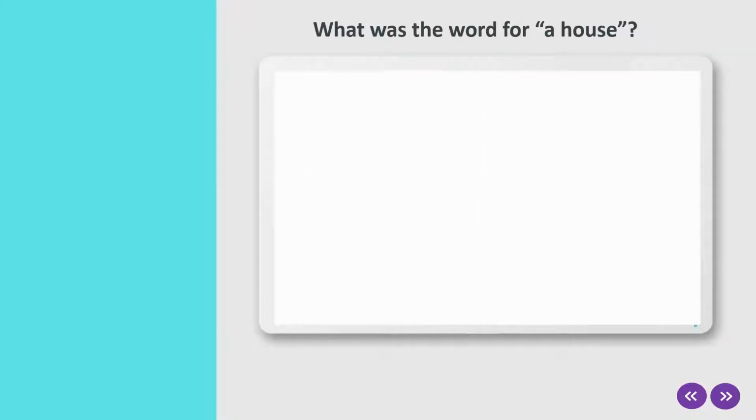What was the word for a house? Ett hus. Now, if we want to make this into a definite form, I mean a known form, when we're talking about something that we all know. So for instance, if I say, oh, did you see that presentation? The presentation was horrible. I am assuming that you already know which presentation I'm talking about.